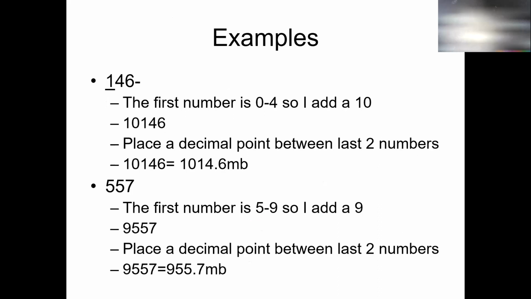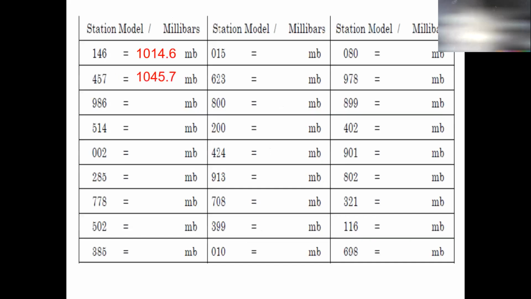So let's try the first one. 986. You look at the first number. Do you add a 9 or a 10? Here's how I do this, by the way. I write the actual number and then I decide 9 or 10. Because this is a 9, it gets a 9.